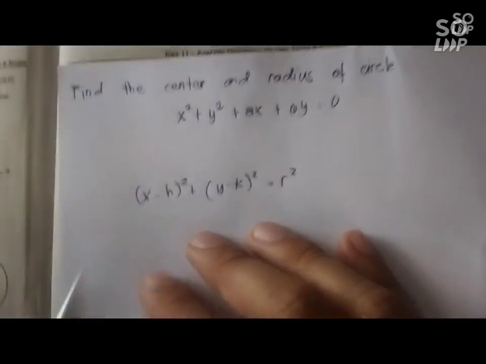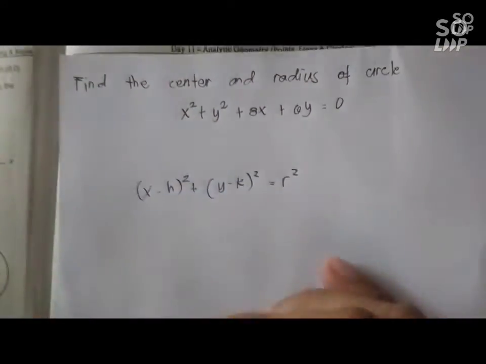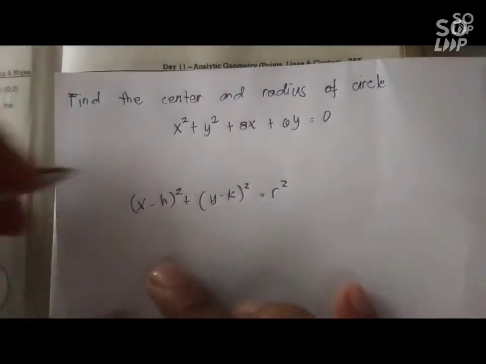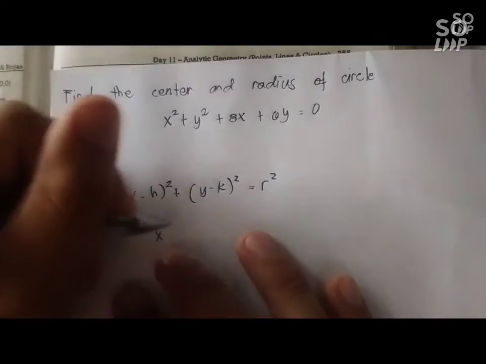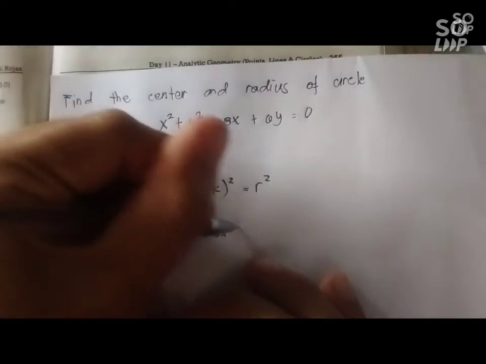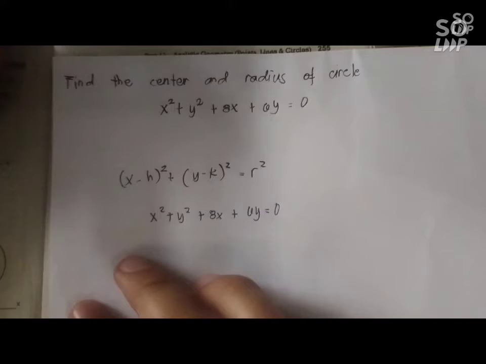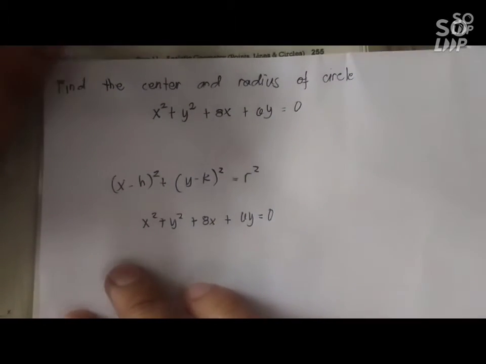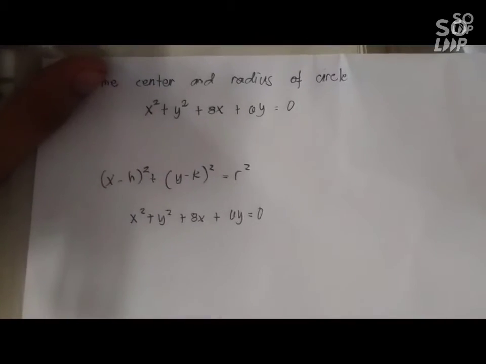Para makuha nato ang center ug ang radius, ang equation is x squared plus y squared plus 8x plus 6y equals 0. Kung ang given is general equation, dili standard, ang imo gamiton nga process sa pag-solve is ang completing the square.